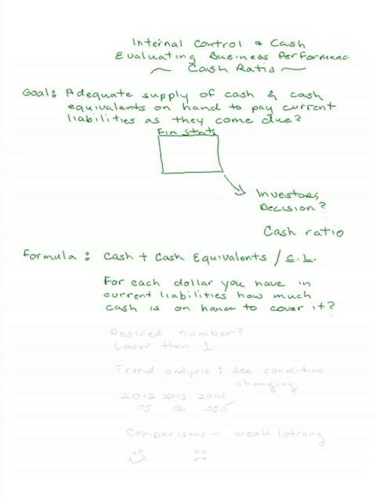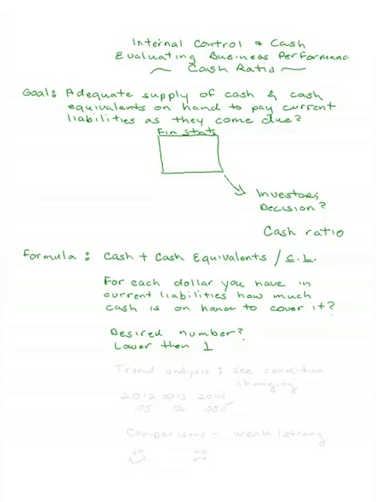This is an interesting ratio because I can't really tell you what the desired number is. It really depends on the business. What I can tell you is you'd like it to be lower than 1-to-1, because it absolutely makes no sense to have enough cash on hand to pay the whole year's next current liabilities as they come due.